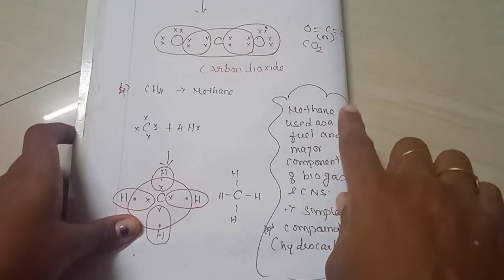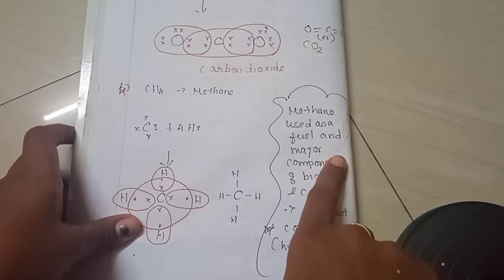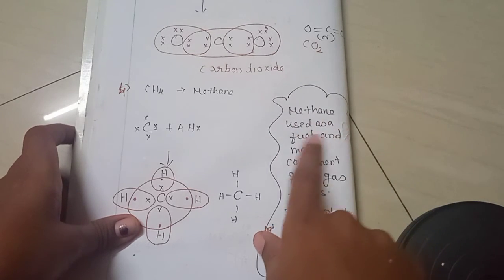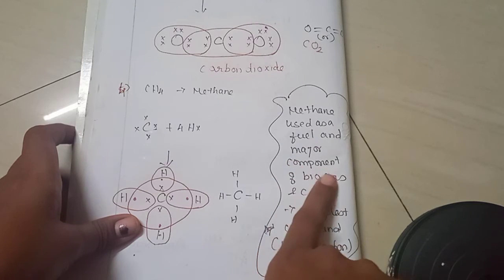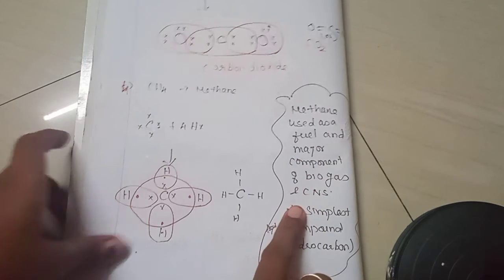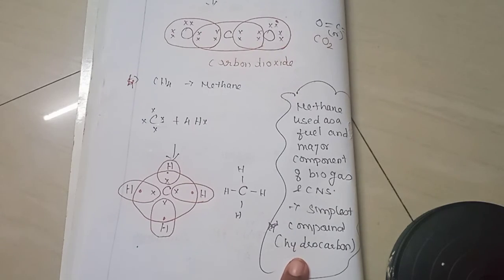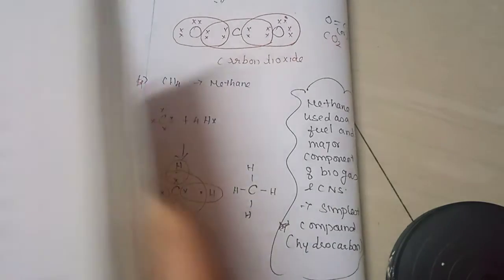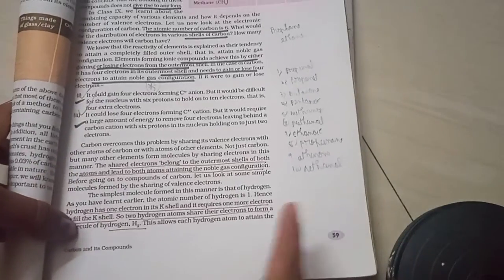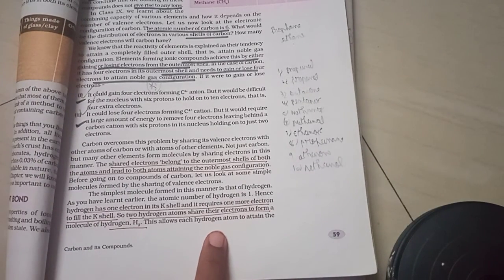In this I have written something that is given in the book: methane is used as a fuel and it is a major component of biogas and compressed natural gas, and it is the simplest compound.